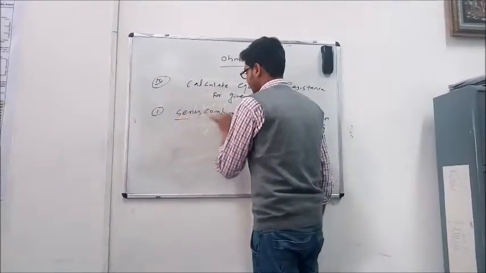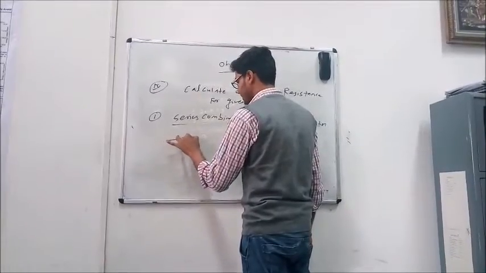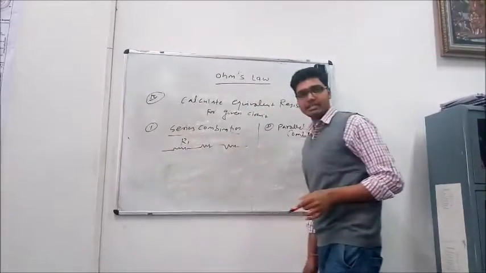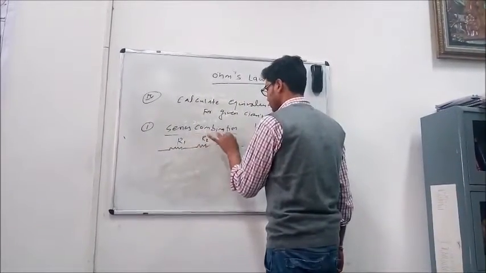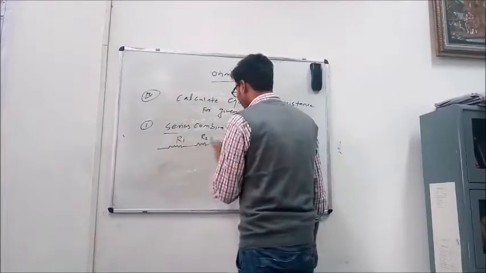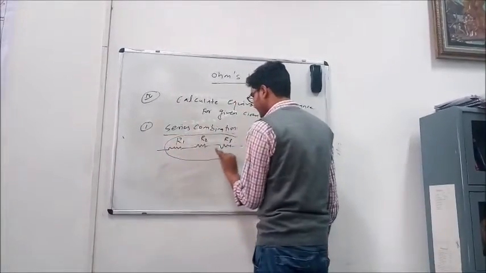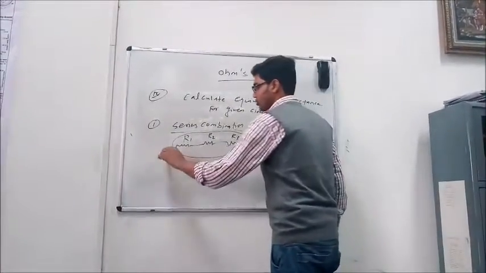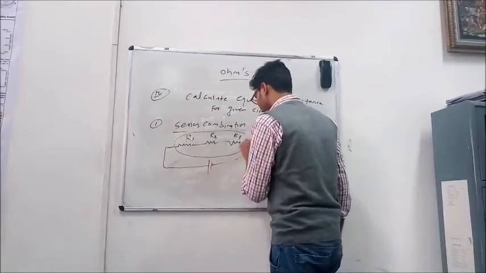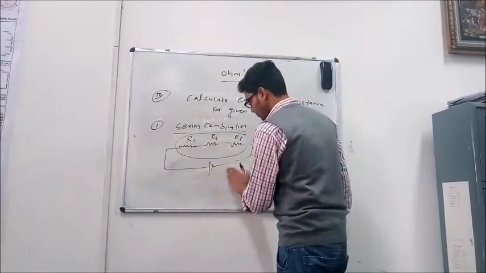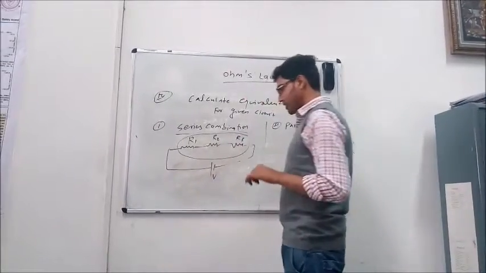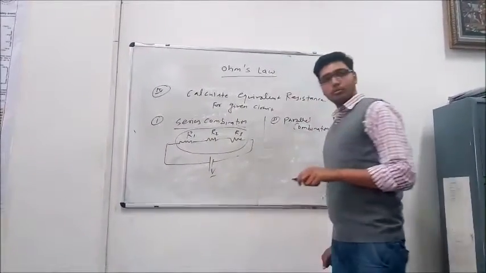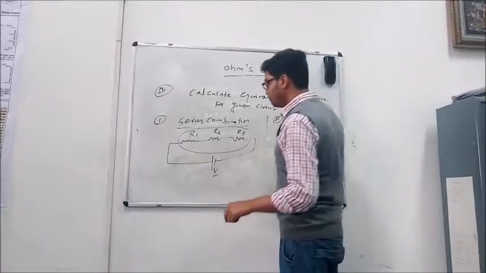In the series combination, when resistances are connected in this fashion, I am taking three resistances, and we will generalize it. What will be the equivalent resistance provided by this combination? Suppose, to understand this, I have applied a voltage V, that is, I have connected a battery providing that potential difference.